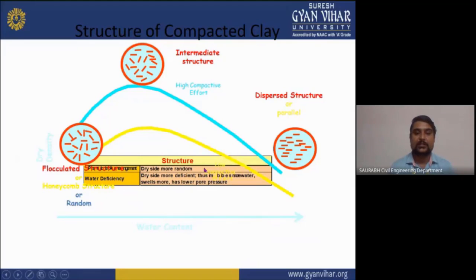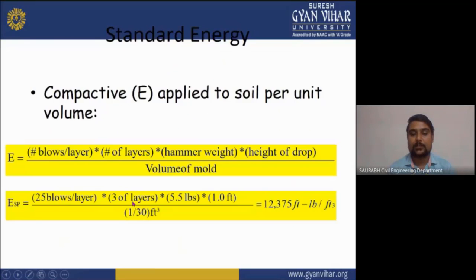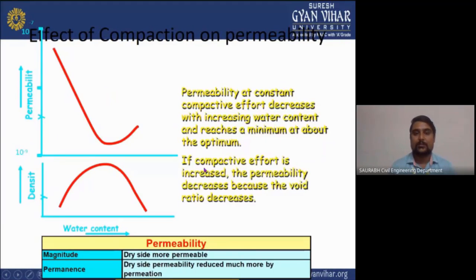Here you can see this is your graph which is showing the structure of compacted clay. This graph is showing the effect of the compaction on permeability.